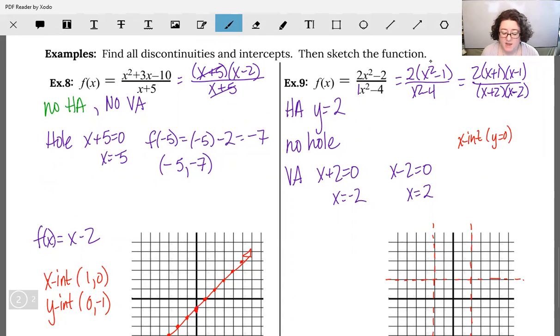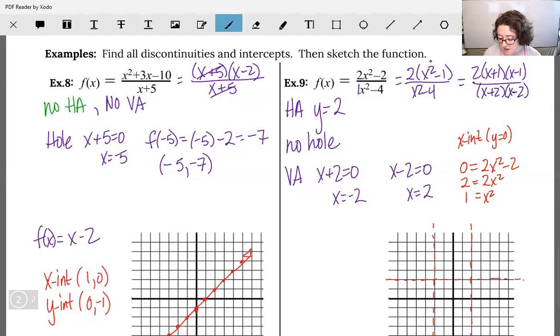So my f of x, 0 equals... well, wait a second. The only way for a fraction to equal 0 is if the numerator equals 0. And so that means that 2x squared minus 2, our original problem, would equal 0. And it's a lot easier for me to solve for x from this format. So add a 2 to both sides, divide both sides by 2, and I actually get a really nice number on this one.